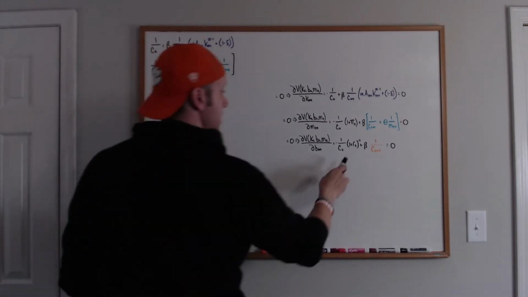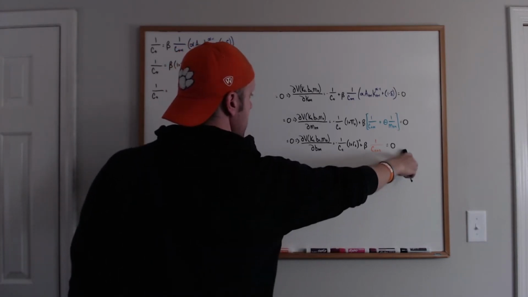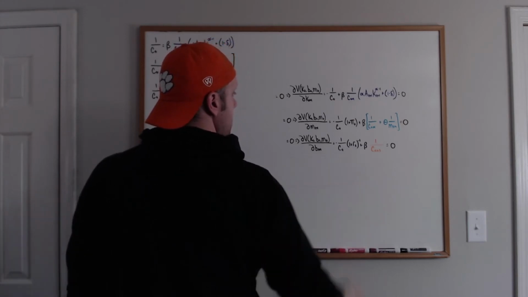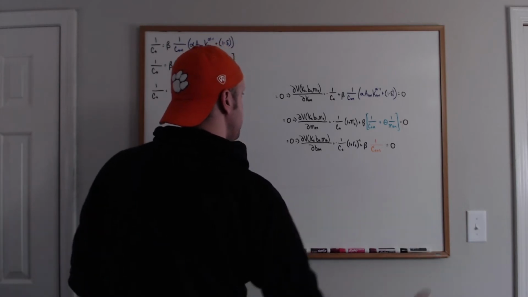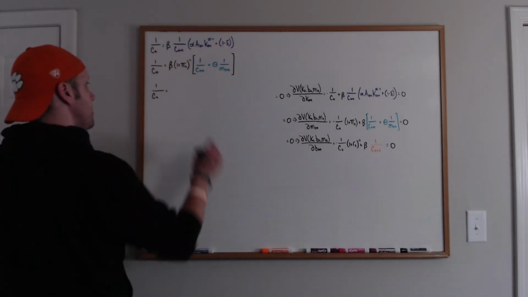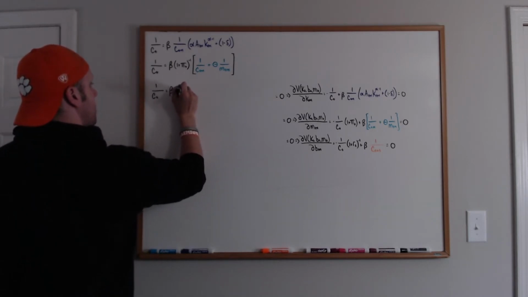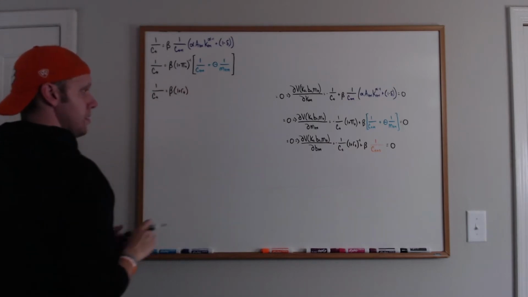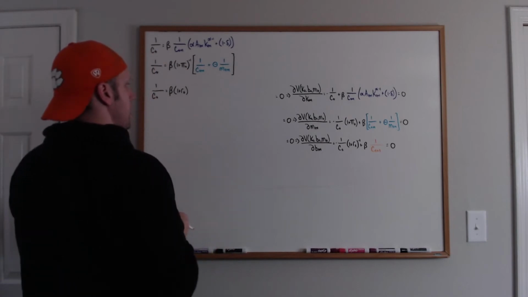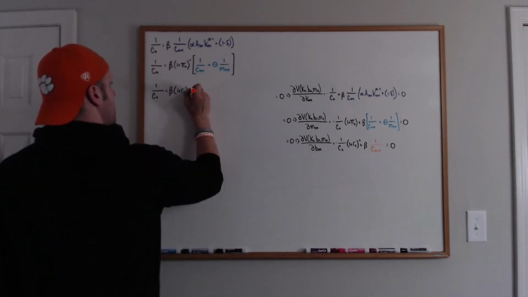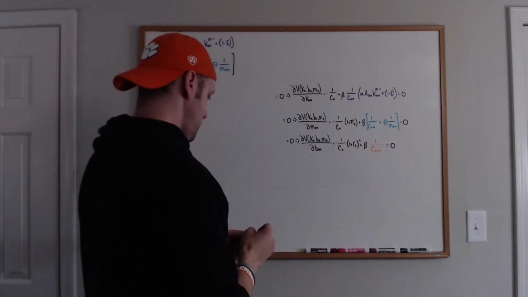Now again, I'm adding 1 over CT times 1 plus RT to the negative 1 to both sides, and then multiplying that 1 plus RT to both sides, giving me beta times 1 plus the interest rate times 1 over CT plus 1.